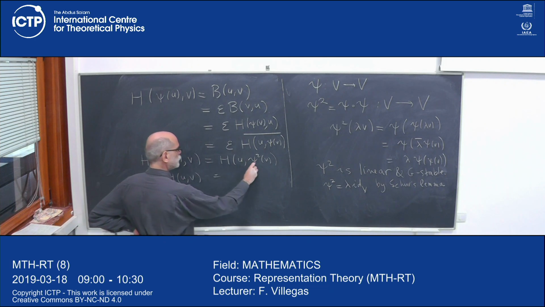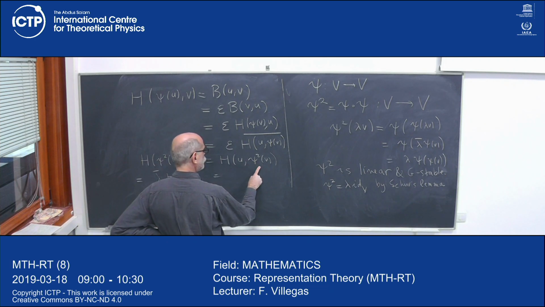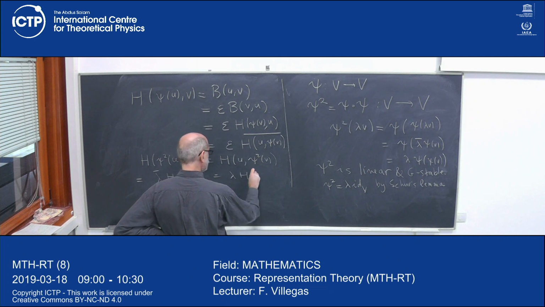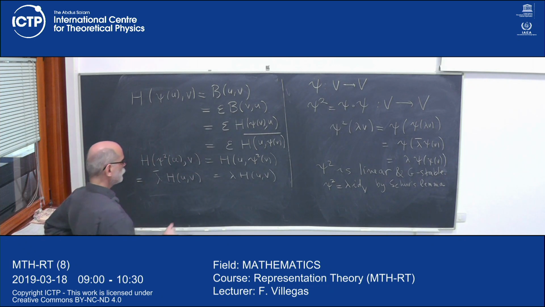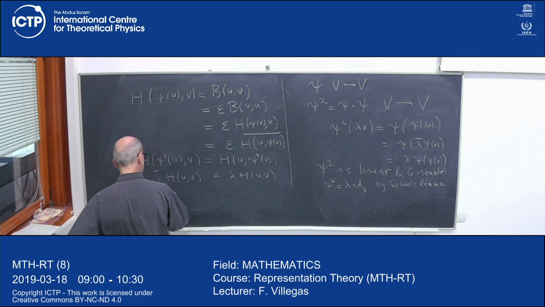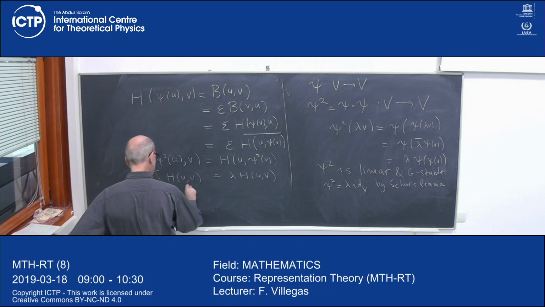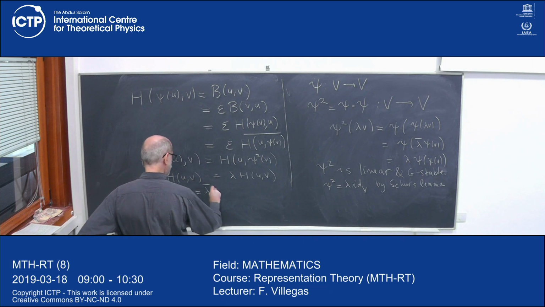And on the other hand, this is lambda of v, which comes out as lambda h of u, v. So that means that this is true for any h, any u and v. That means that lambda has to be equal to lambda bar.